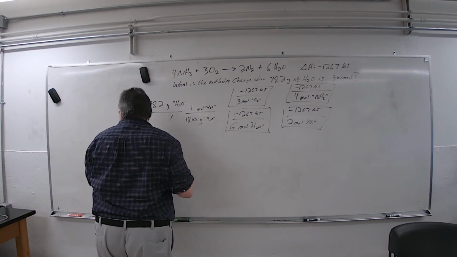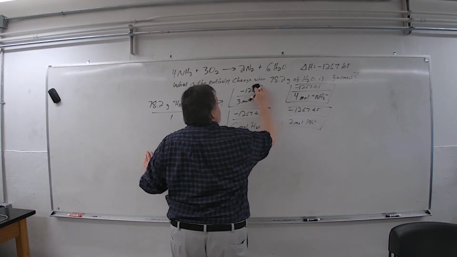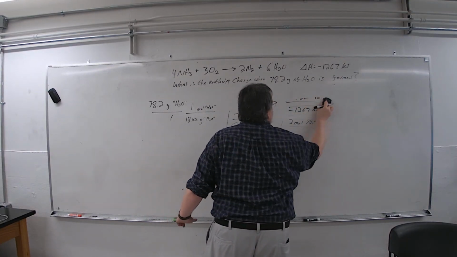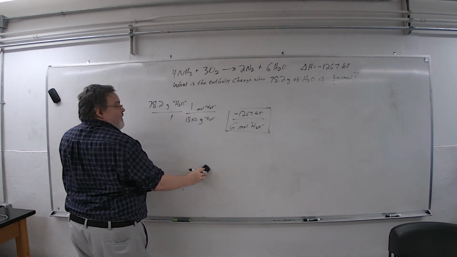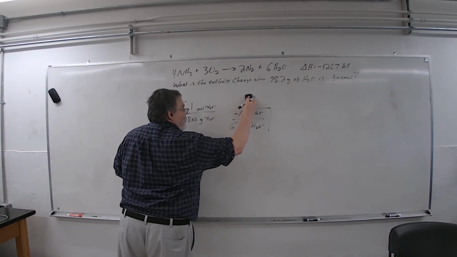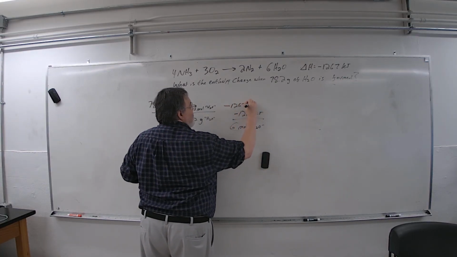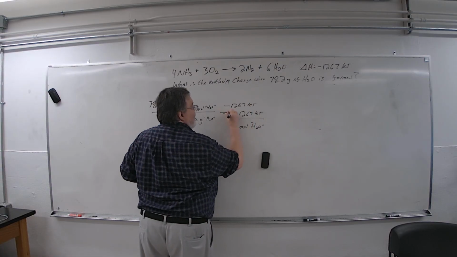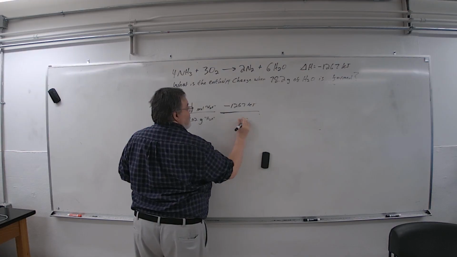There's 1 mole of H2O. And then I'm going to use this. I need moles of H2O on the bottom. I have that almost in the right spot. But I'm using this with negative 1,267 kilojoules over 6 moles of H2O.